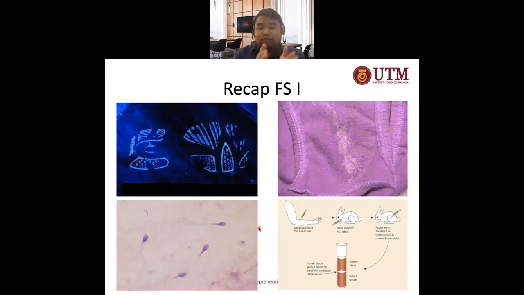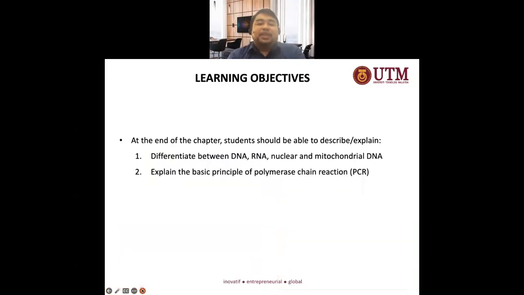After this, we are going to look into what DNA is all about and how we do the PCR, polymerase chain reaction, how you amplify it. After this, we will look into it in detail. At the end of this topic, you should be able to differentiate between RNA and DNA, and between nuclear and mitochondrial DNA.